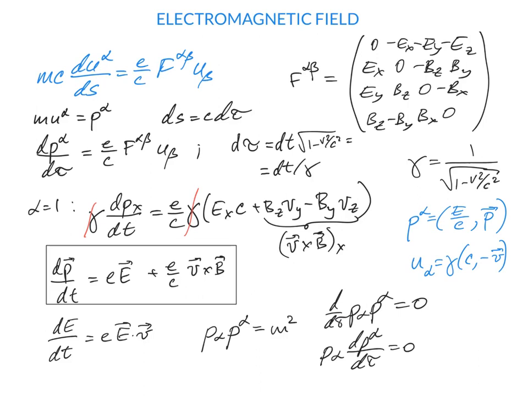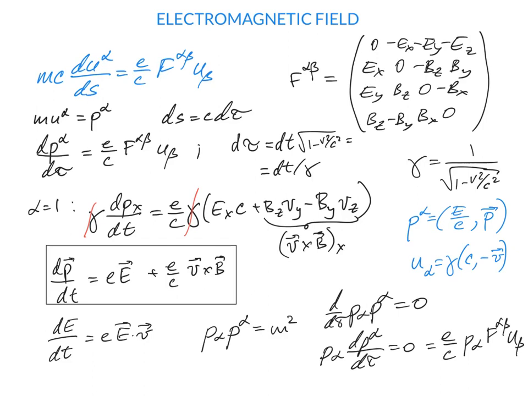Now, the right-hand side of the equation of motion is explicitly consistent with this constraint, because if you multiply the equation of motion by p alpha and do the contraction, the right-hand side will look like E over c, p sub alpha, F alpha beta, u beta.